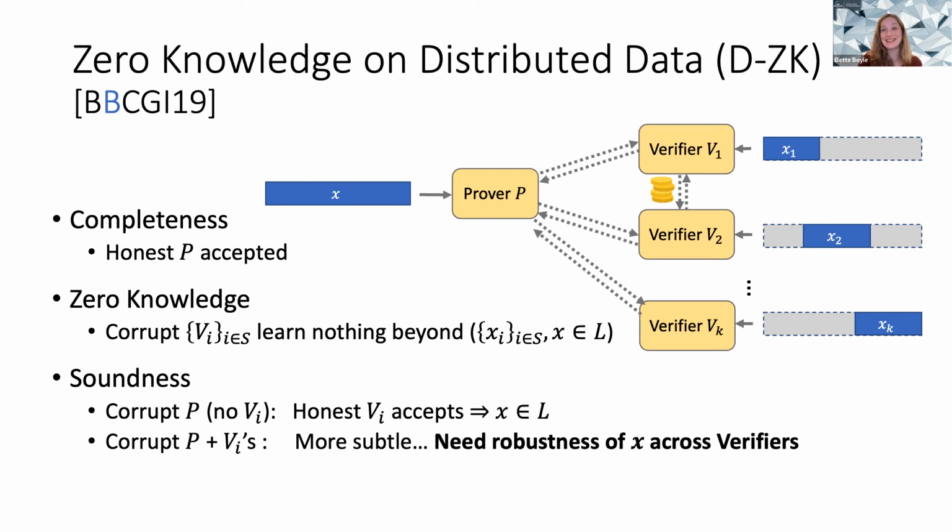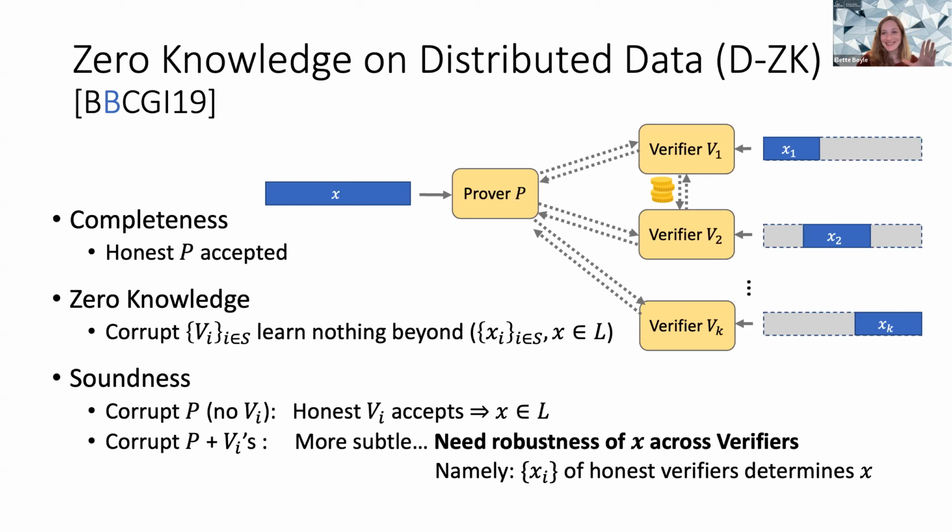To have an achievable and interesting notion of soundness here, what we require is that whatever these Xi's are that are being held by the verifiers, there's some sort of robust encoding of the entire input X. Okay, in the sense that if you take just the Xi's held by the honest verifiers, that's already enough information to determine X. Okay, so this ties cheating verifiers to not being able to switch the input that's being proved on.